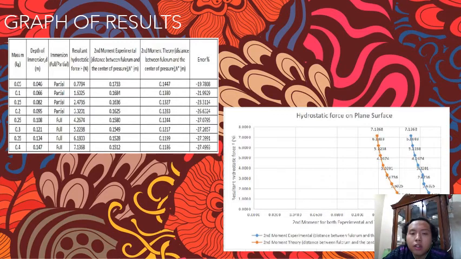The y axis is resultant hydrostatic force, and the x-axis is the second moment for both experimental and theory. So we just put the values into Excel and generate the graph like this.